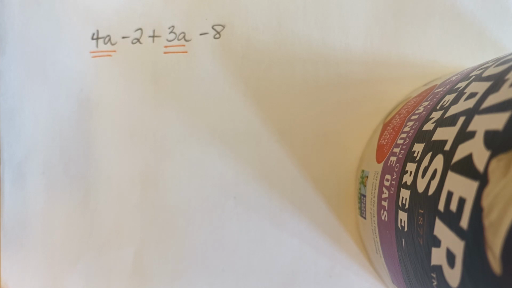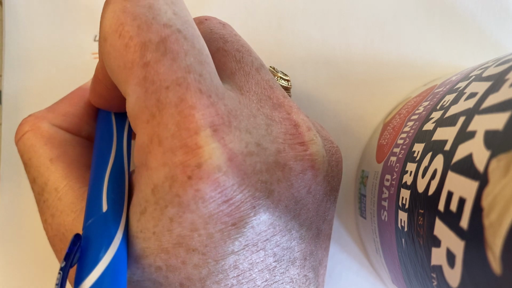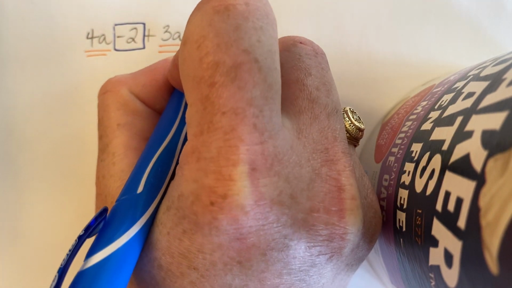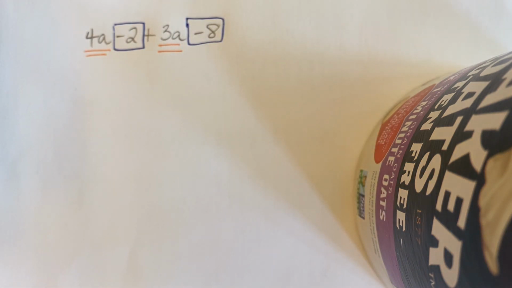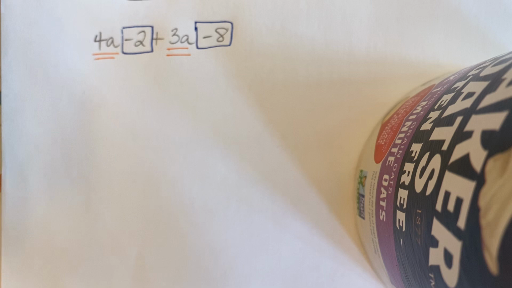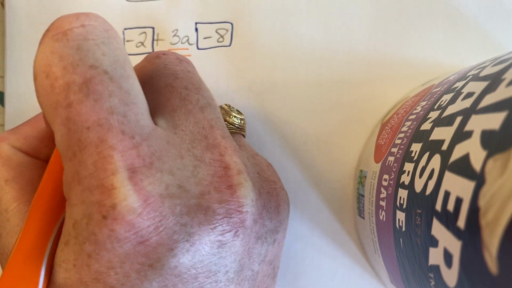The numbers that don't have any letters hooked onto them are minus 2 and minus 8. I want to make sure, again, that I catch that sign so that I know what to do with these numbers when I start combining them. I used a blue square here. Now that I've put my symbols, I want to group what goes together.